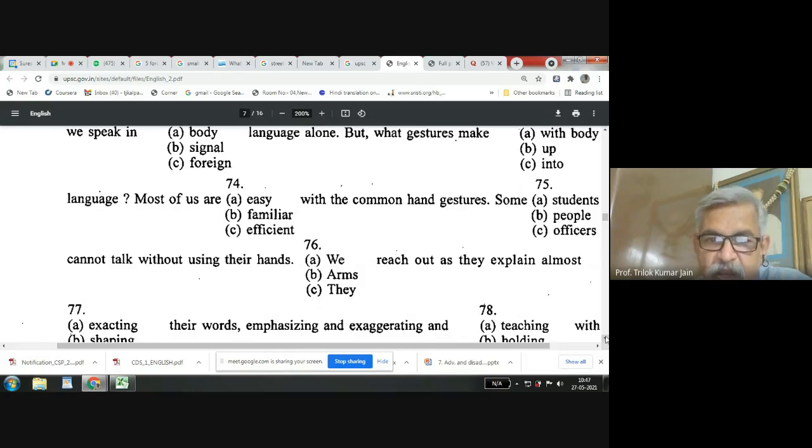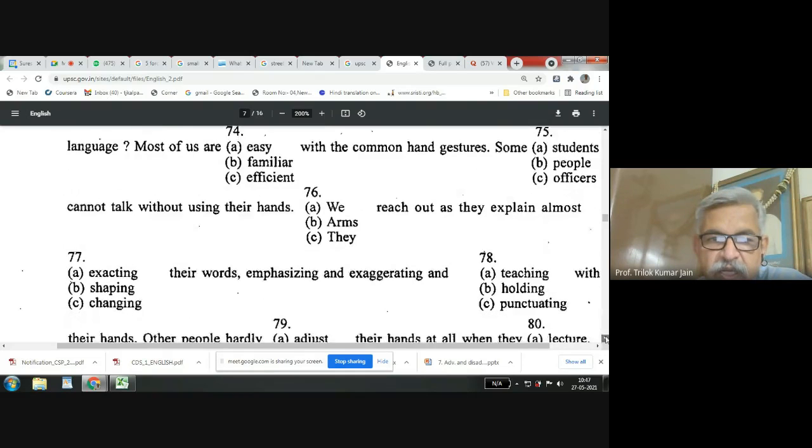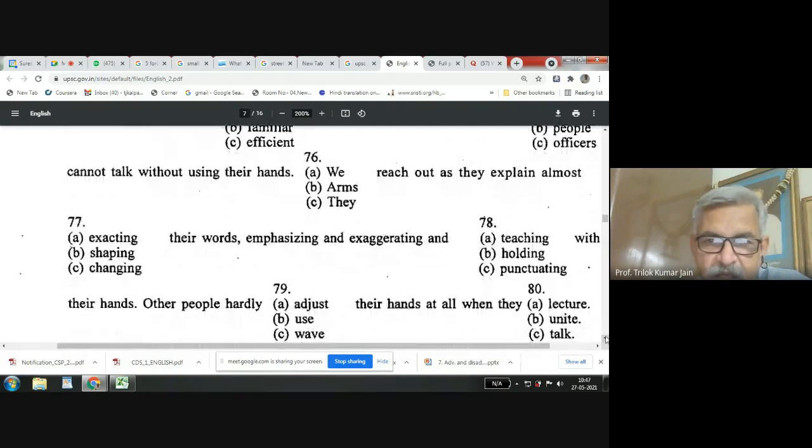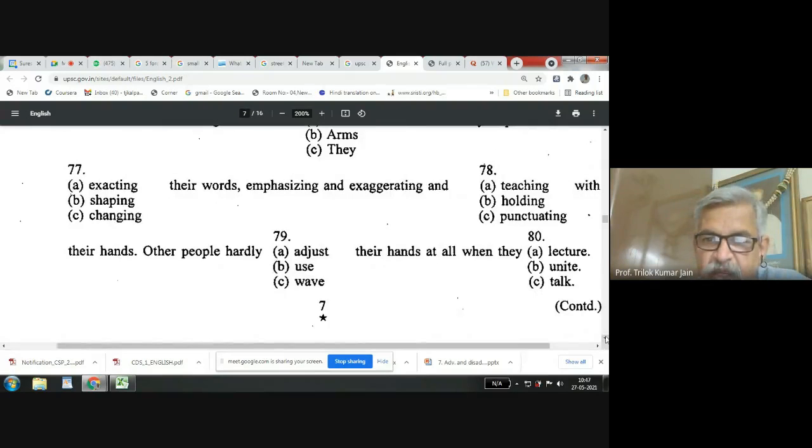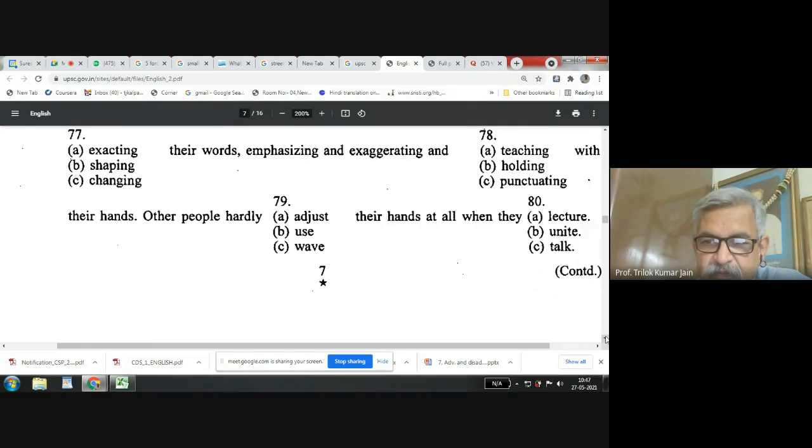Arms reach out as they explain, almost shaping their words, emphasizing and exaggerating, and teaching with their hands. Other people hardly use their hands at all when they talk. The answer is C, talk.